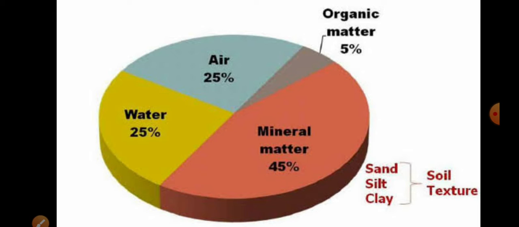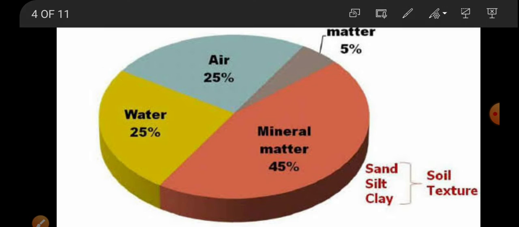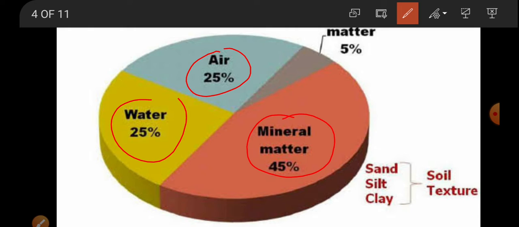If you see the texture of the soil, we already discussed that soil is an ecosystem containing air, water, and inorganic matter like mineral matter, present in the form of silt, gravel, and sandy particles, everything. And the organic matter, that is dead and decomposing materials, microbes, and other living organisms, are present in it.